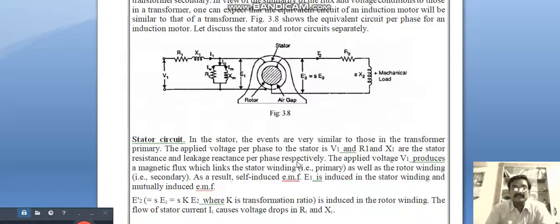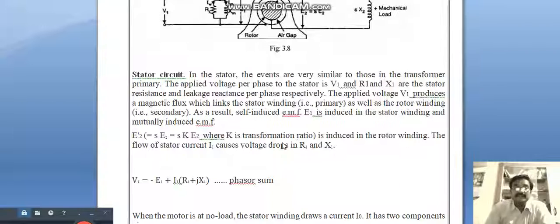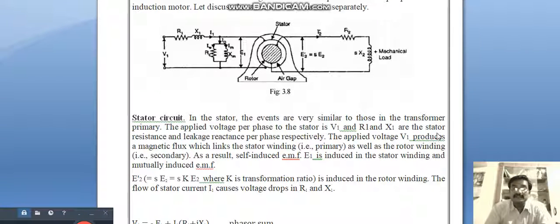Stator circuit. In the stator circuit, the events are very similar to those in the transformer primary. The applied voltage per phase to the stator is V1, and R1 and X1 are the stator resistance and leakage reactance per phase respectively. The applied voltage V1 produces a magnetic flux which links the stator winding, that is the primary, as well as the rotor winding, that is the secondary.